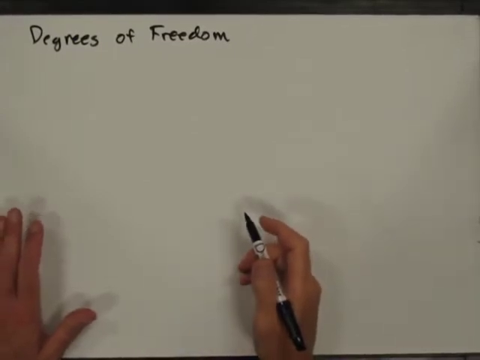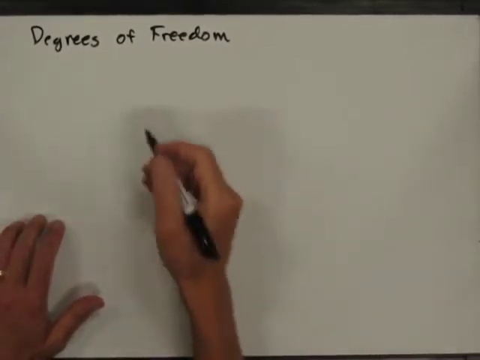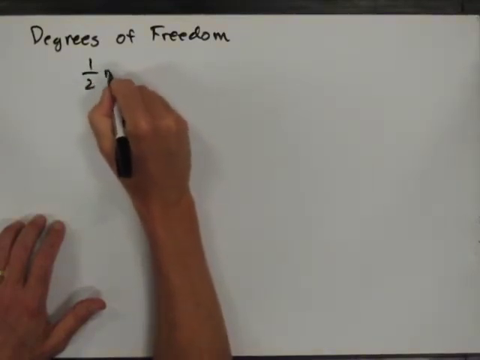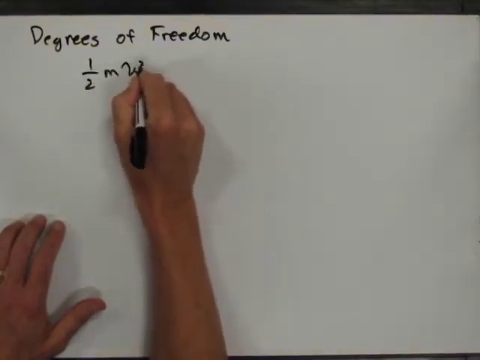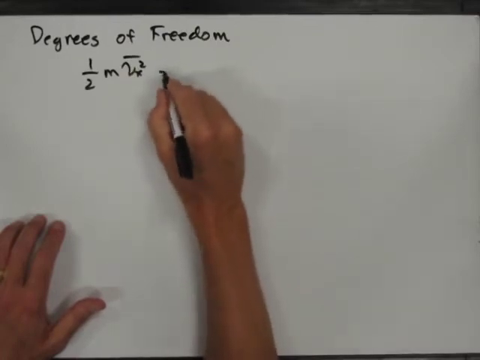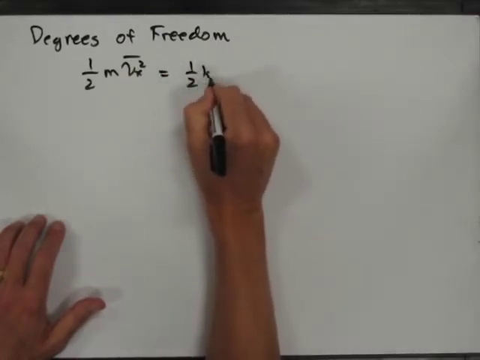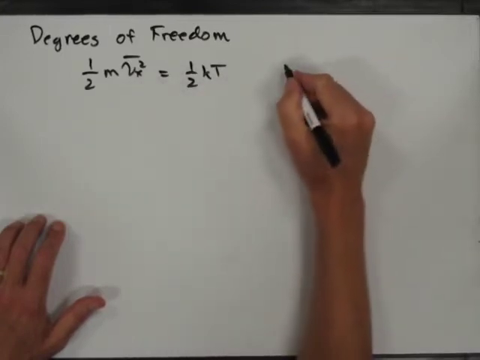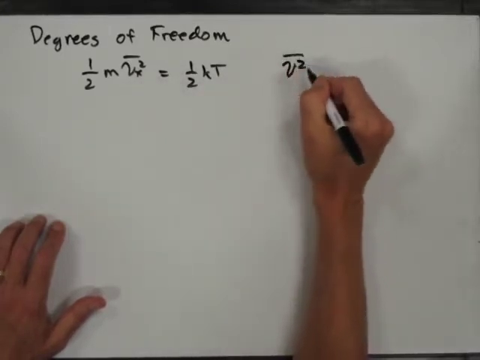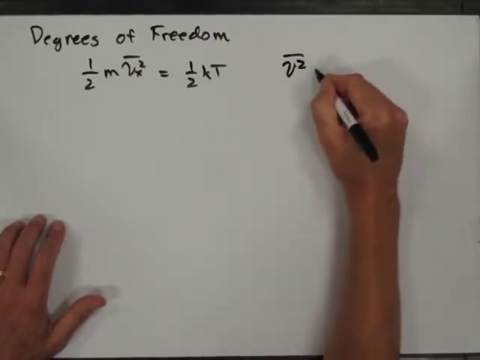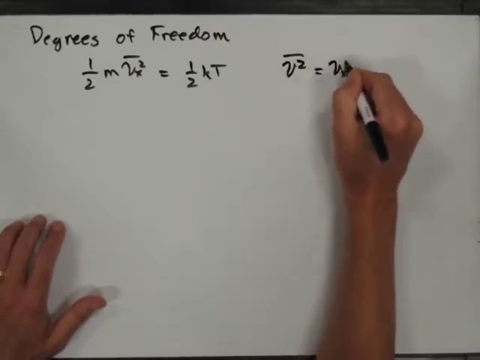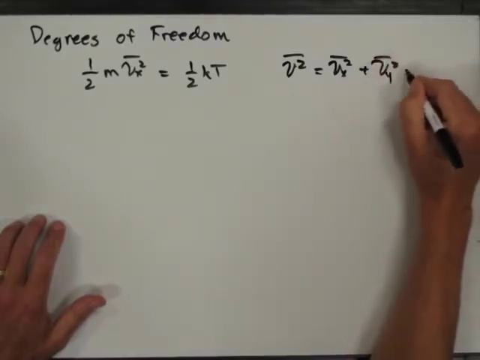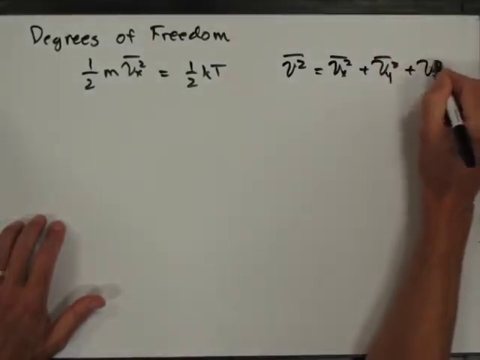When we were deriving the kinetic theory of matter, one of the results was that the average of 1/2 m vx squared was equal to 1/2 kT. But really, that was just the x component. The average of the squared velocity, the total velocity, is vx squared average plus vy squared average plus vz squared average.